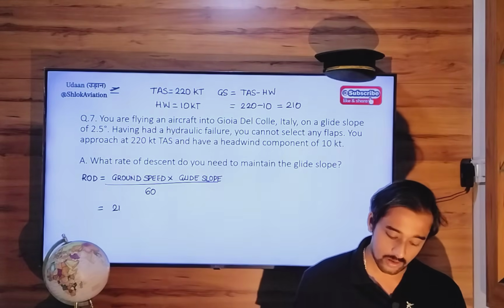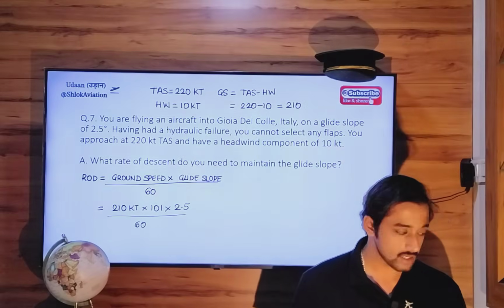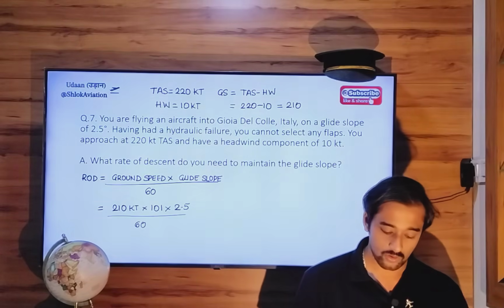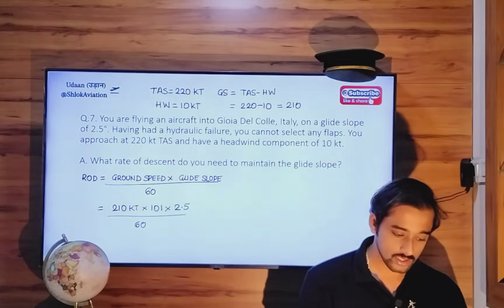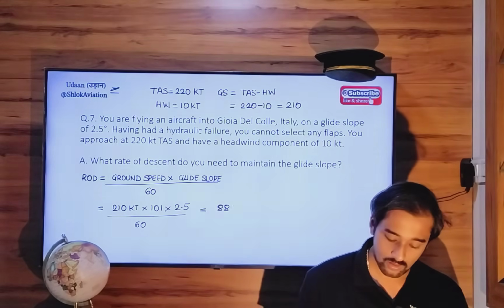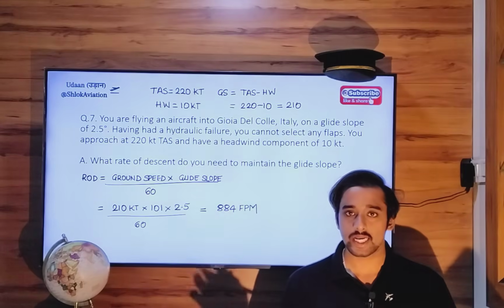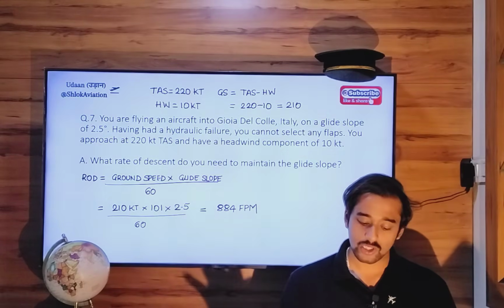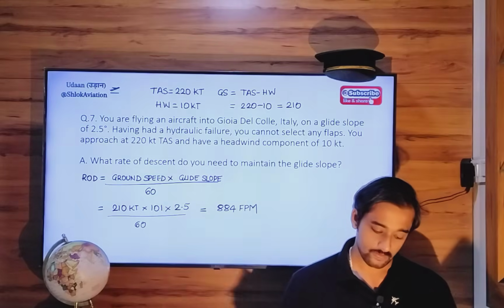Substituting the values, 210 knots into 101 feet per minute into 2.5 degree glide slope divided by 60. So 210 into 101 into 2.5 divided by 60 is 884 feet per minute, approximately 900 feet per minute.